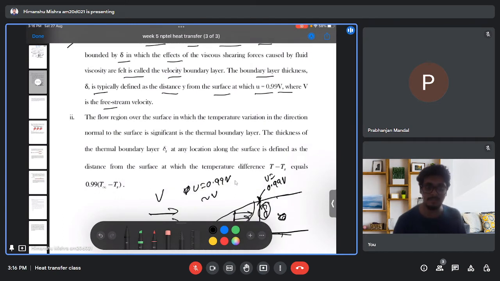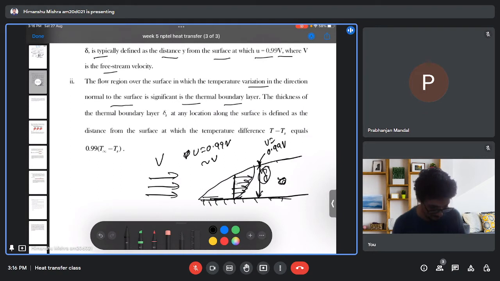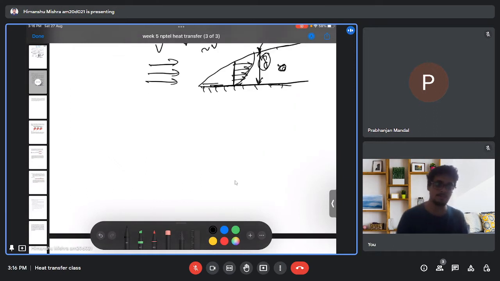The second statement says that the flow region over the surface in which the temperature variation in the direction normal to the surface is significant is the thermal boundary layer. The thickness of thermal boundary layer delta T at any location along the surface is defined as the distance from the surface. So the second statement is also correct. It says something about the thermal boundary layer. As the fluid is heated and it is flowing past the surface, there will be two boundary layers.